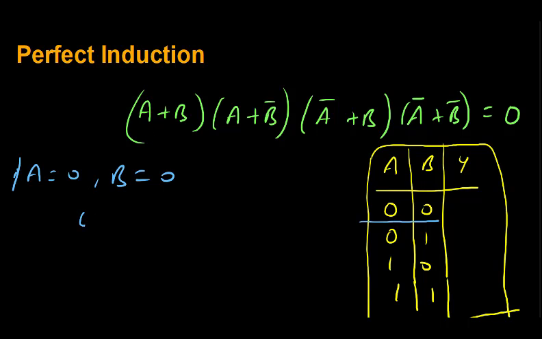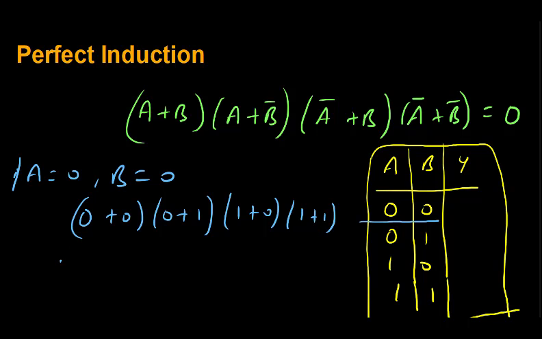This is 0 or 0, then 0, because this is b bar, it becomes 1. Then a bar becomes 1, this becomes 0, then this becomes 1 or 1.